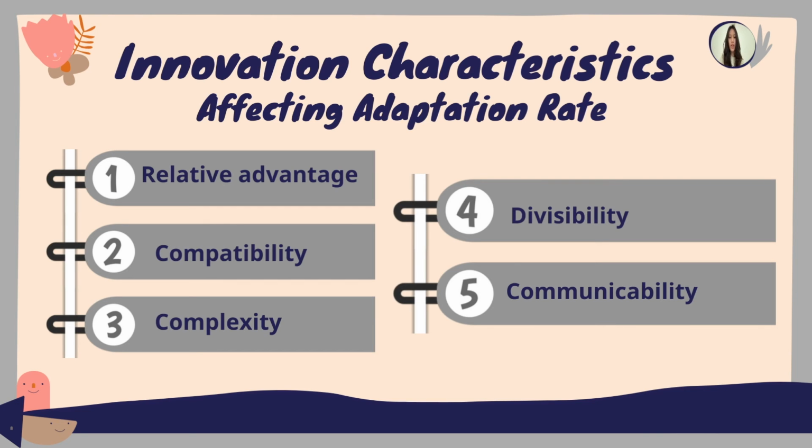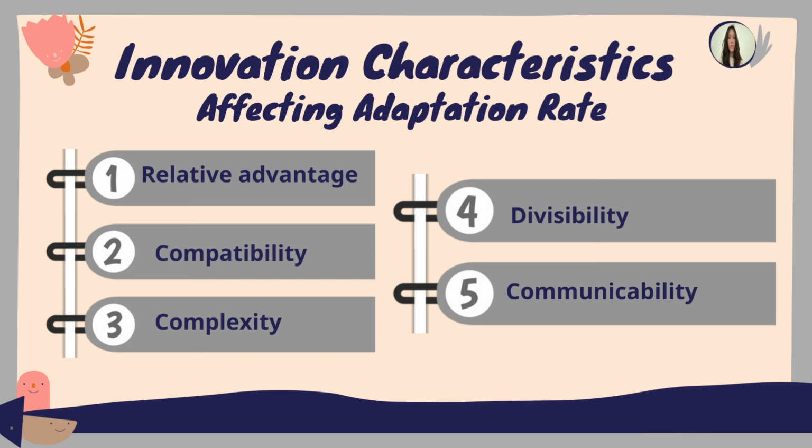We also need to find out the five characteristics which are especially important in influencing an innovation's rate of adoption. The first one is relative advantage. In this one, the innovation appears superior to existing products. The second one is compatibility. In this case, the innovation needs to fit the values and experiences of potential consumers.